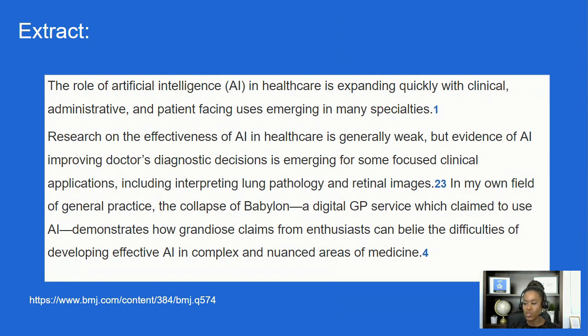In my own field of general practice, the collapse of Babylon, a digital GP service which claimed to use AI, demonstrates how grandiose claims from enthusiasts can belie the difficulties of developing effective AI in complex and nuanced areas of medicine.